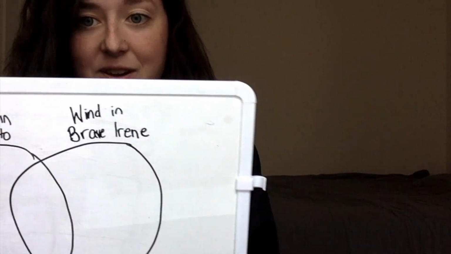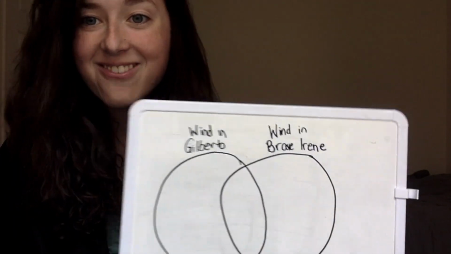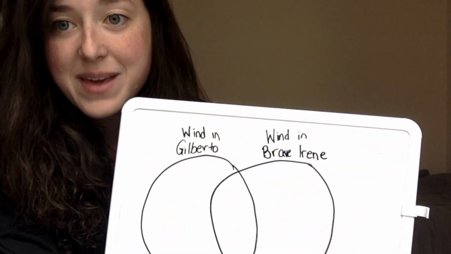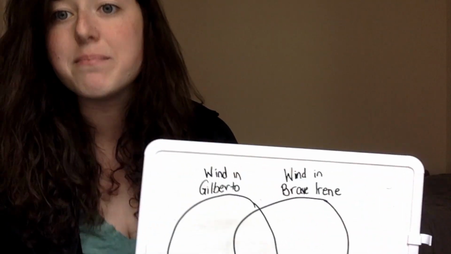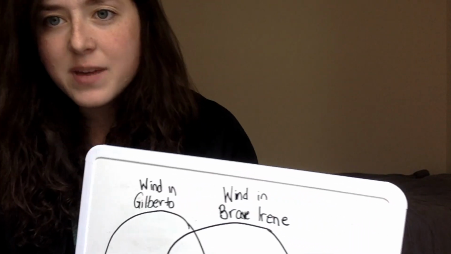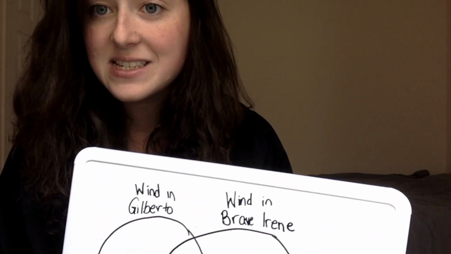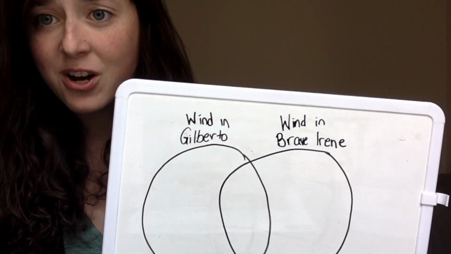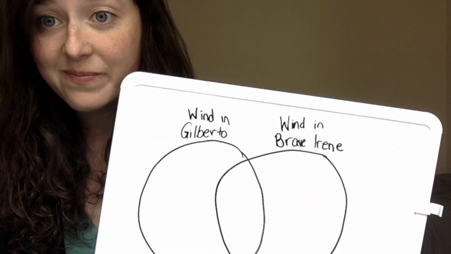All right, so once you have your Venn diagram started, now we can work on filling it out. So remember, Kipsters, when we make a Venn diagram, the point is for us to compare and contrast. Compare means we find what's the same, and contrast means we find what's different. Where does my stuff that's the same go? Does it go in the middle or the sides?